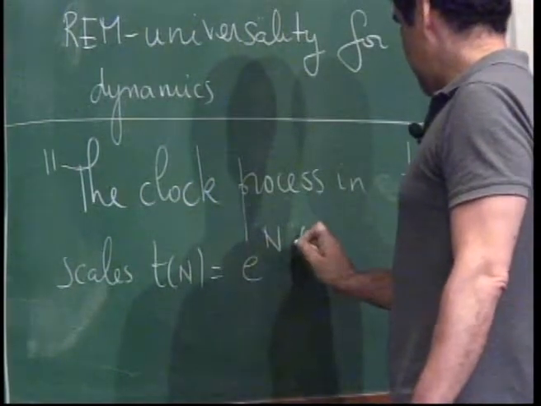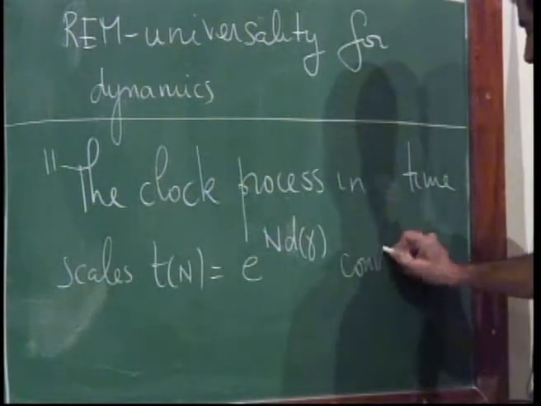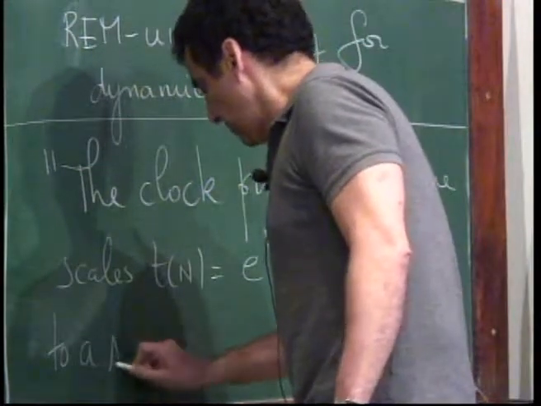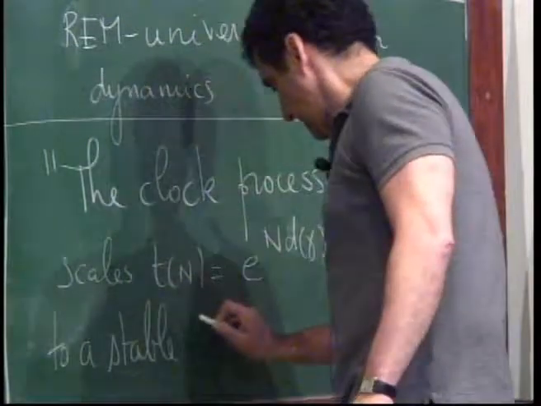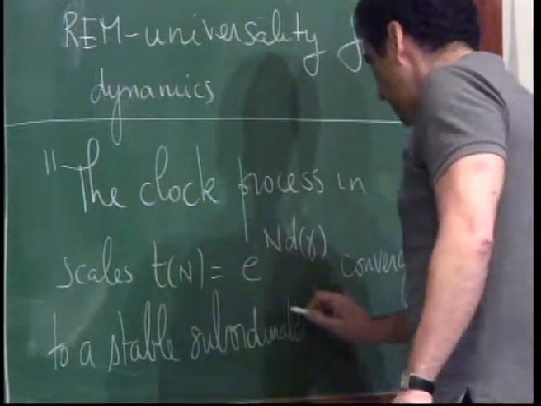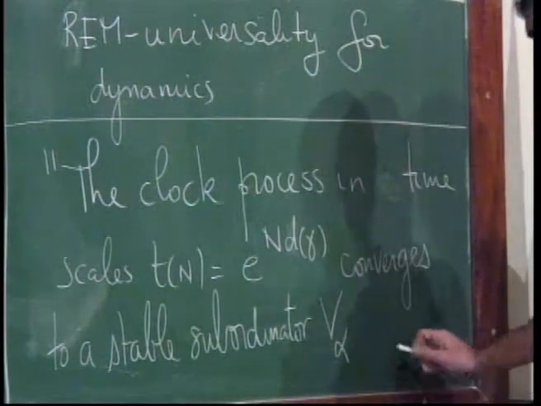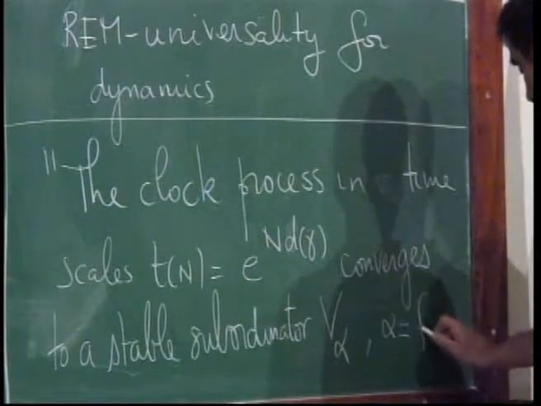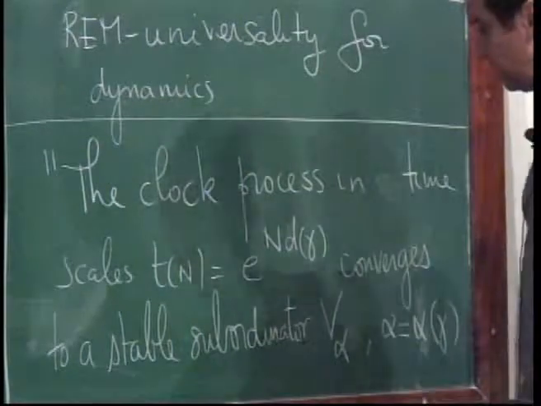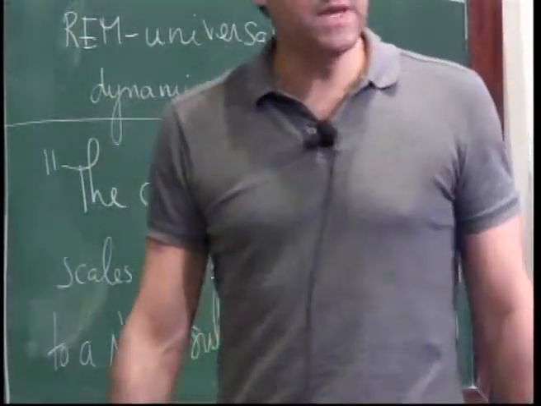I don't know, D of gamma, converges to a stable subordinator, when properly normalized. So let's say V alpha, and this alpha is a function, an alpha of gamma. We'll take time to explain this, but this should come as a surprise.